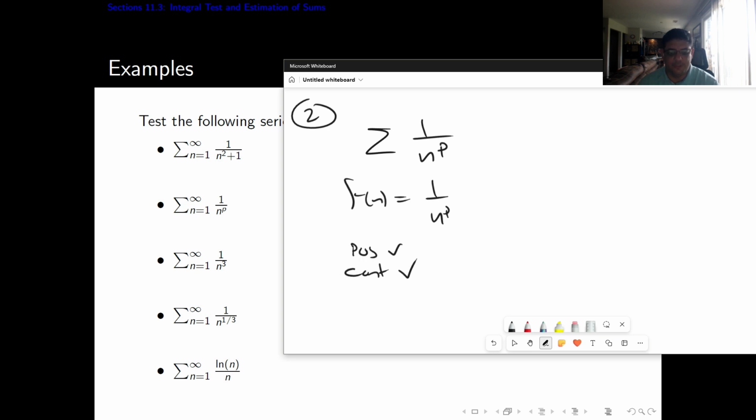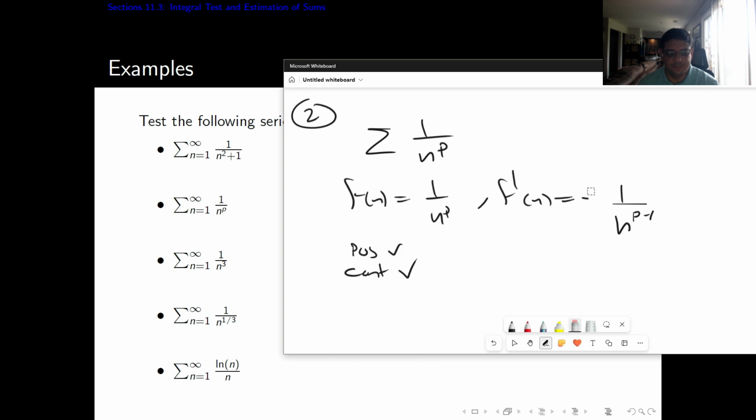So these two ideas I get out of the way very quickly. Now f prime of n is going to be minus p times 1 over n to the p minus 1, since we're taking the derivative of this.